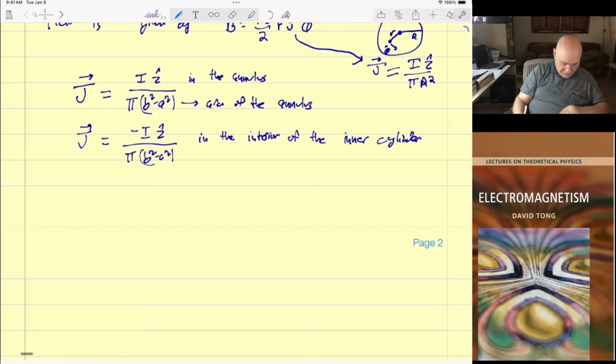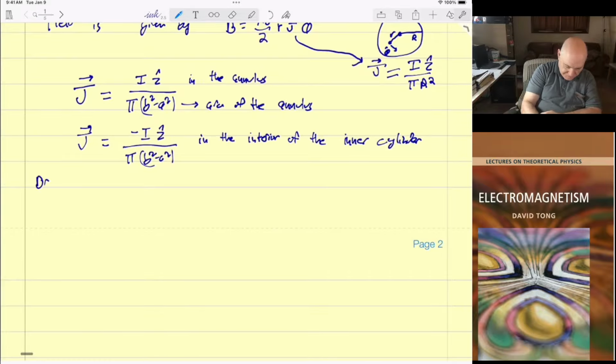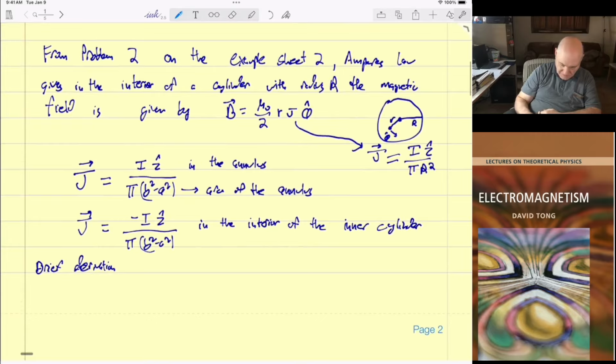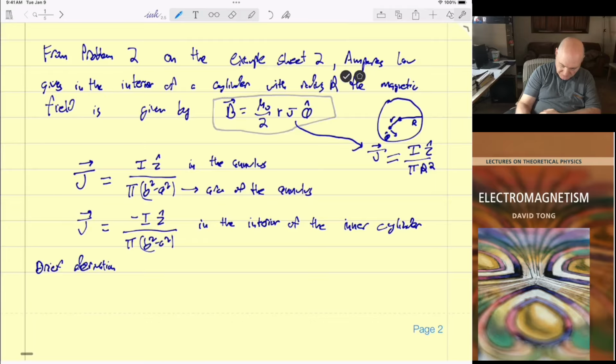I just want to do a brief derivation of the box formula, which I'll call asterisk.